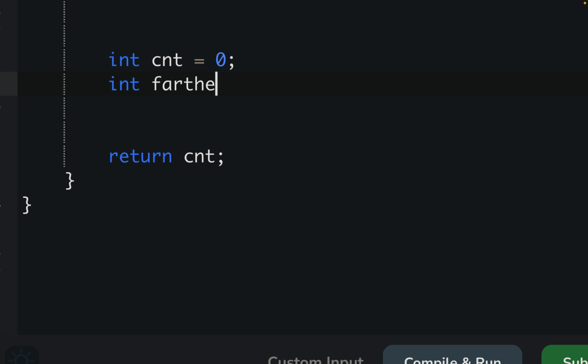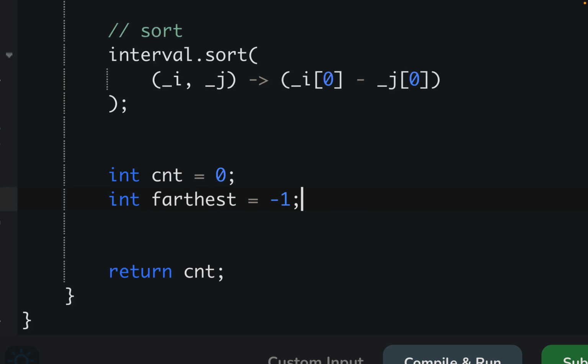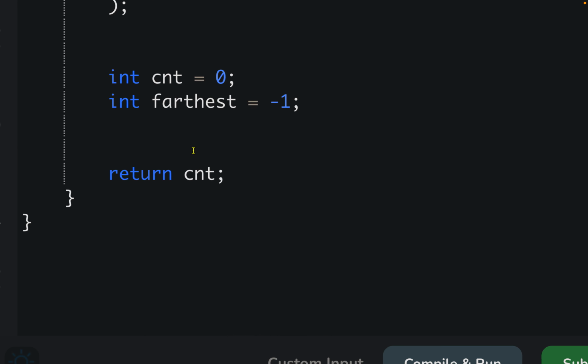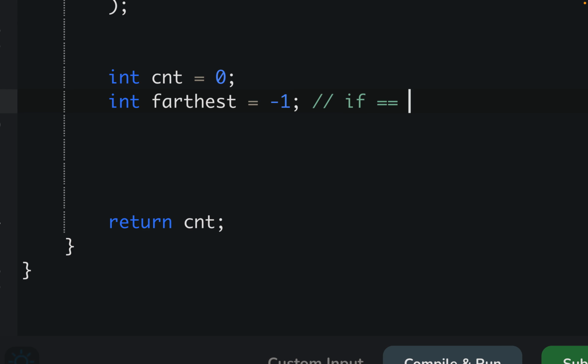So farthest, which initially is -1 obviously, because I don't even know whether I can even consider this 0 index or not. So how farthest I can go is denoted by this, and my target would be that I should achieve this farthest if equals to a.length -1, then it means I have achieved the goal.